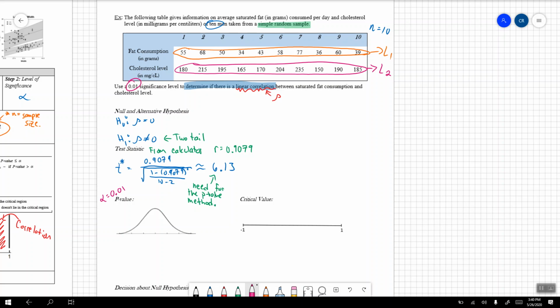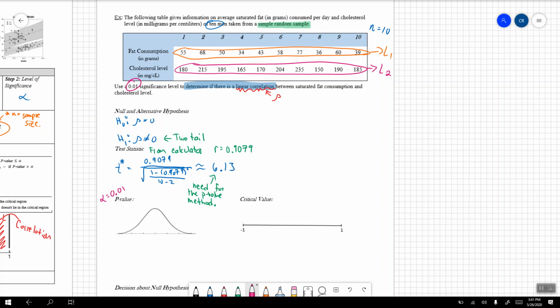In order to extract a p-value, I need to conduct a two-tailed test to figure out what these probabilities are here on my tails. And then I need to compare that probability with this significance level. So in order to do this, I'm going to use what is known as your tcdf.